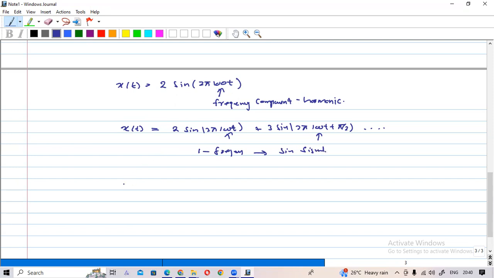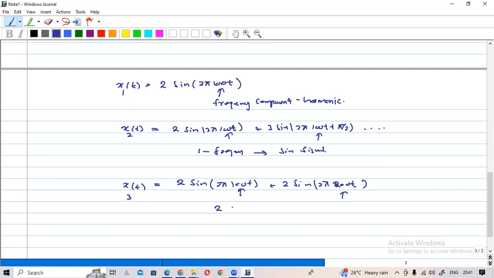Now, if you consider another signal, let's say this is x1(t), this is x2(t), x3(t). It has two components, sin 500t plus 2 sin 200t. You can see that now it has two frequency components, this is 100, then this is 200.